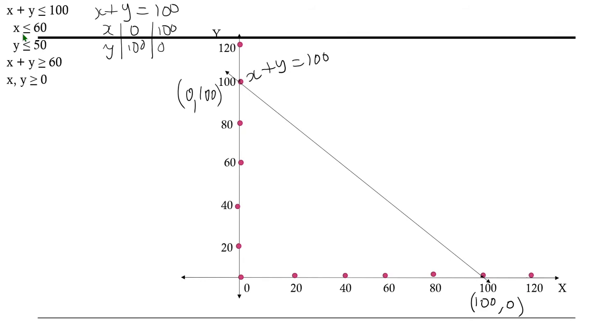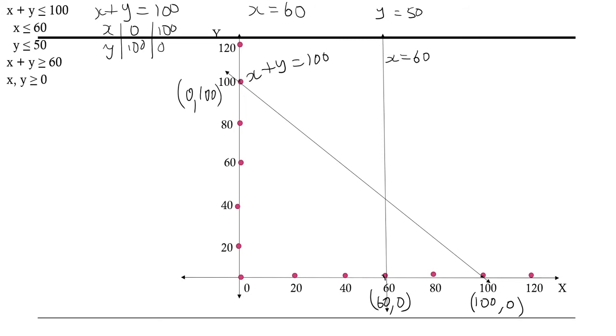The next equation is x equal to 60. X equal to 60 is a straight line passing through 60 comma 0 and parallel to the y-axis. So this is 60 comma 0. So x equal to 60 is this line. The next equation is y equal to 50.